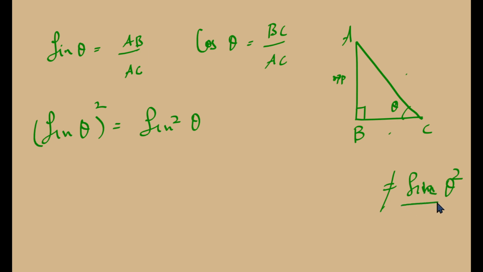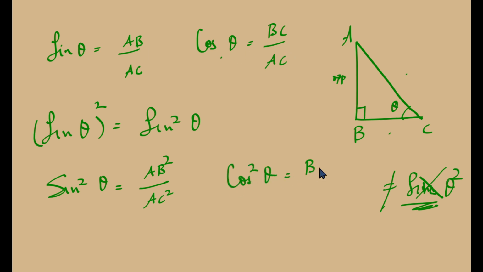So we'll have to keep this in mind. Sine squared theta here is AB squared by AC squared. And let's also square cos theta. So cos squared theta is equal to BC squared by AC squared.